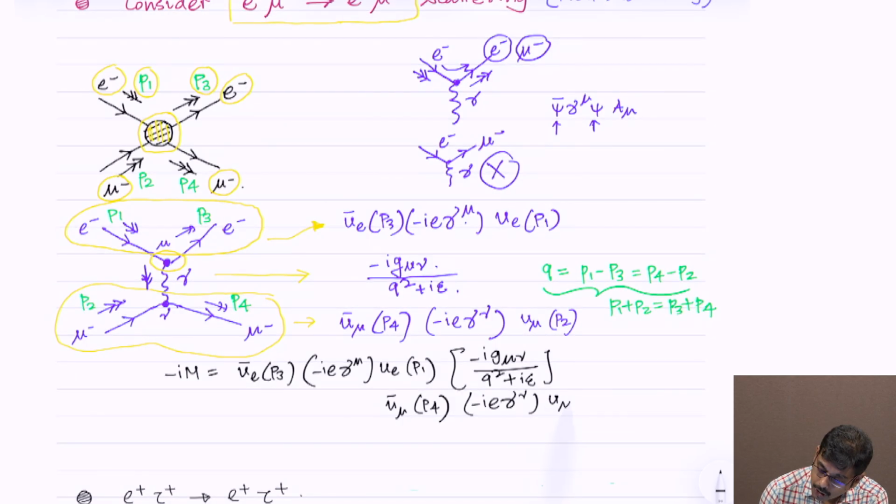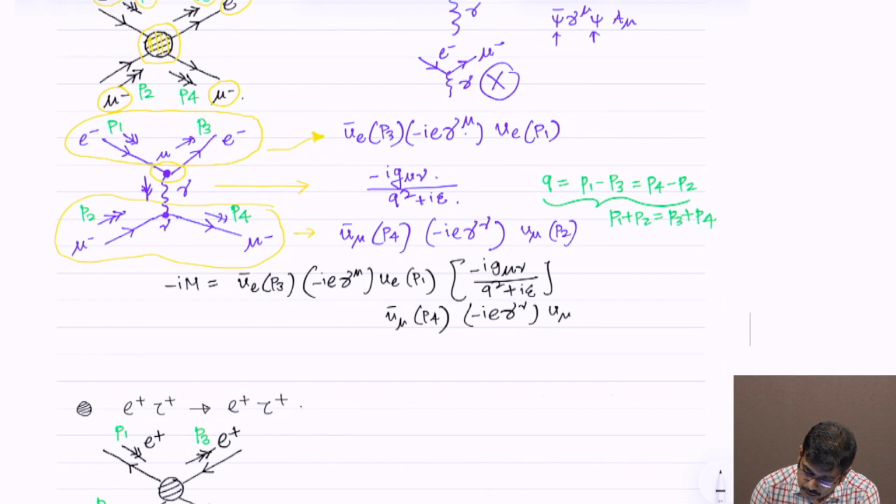Remember that this μ under u is defining the muon, not the Lorentz index. Okay, so this is not the Lorentz index.